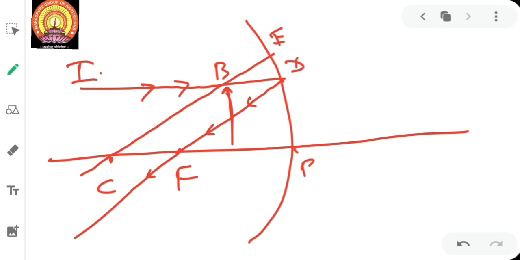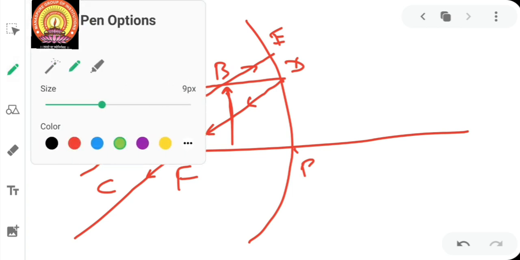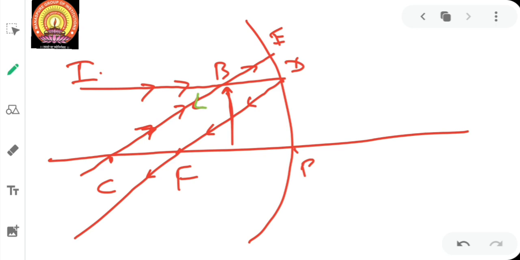Then this ray will reflect on its own path, because yesterday we studied the law that the incident ray passing through the center of curvature reflects back and traces its own path. That ray gets reflected back on the same path. Meaning, whichever path it is going on, it will return along the same path. So this ray comes backward.